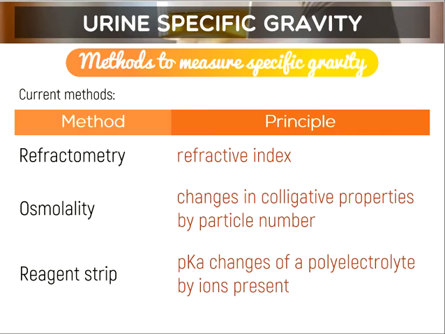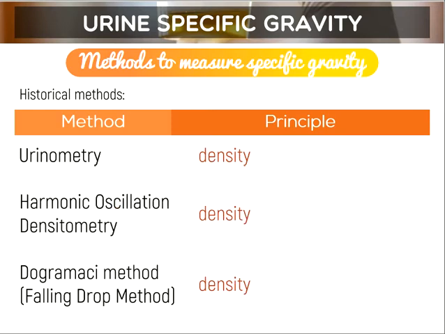Its principle is the pKa change of a polyelectrolyte by ions present. We also have these historical methods: urinometry, harmonic oscillation densitometry, and the gravimetric method or falling drop method. So these are all based on density.